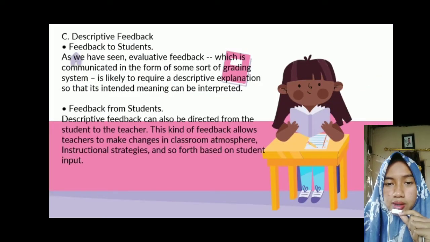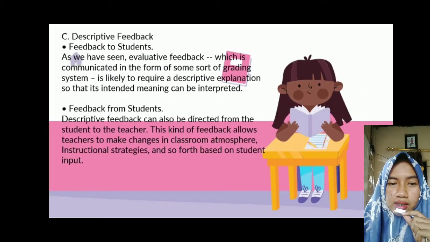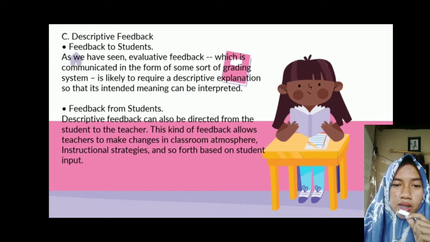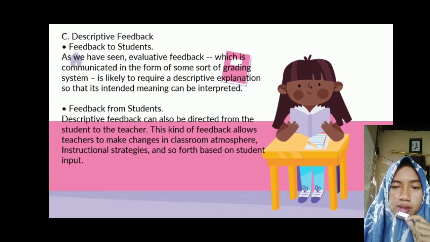Okay, the next is descriptive feedback. Descriptive feedback has two points. There are feedback to student and feedback from student. The first one is feedback to student. As we have seen, evaluative feedback, which is communicated in the form of some sort of grading system, is likely to require a descriptive explanation so that its intended meaning can be interpreted.